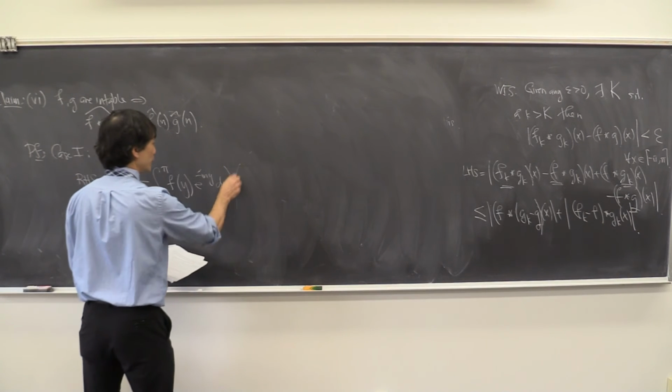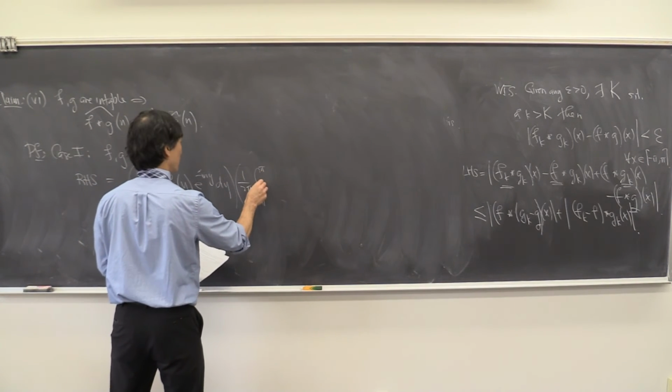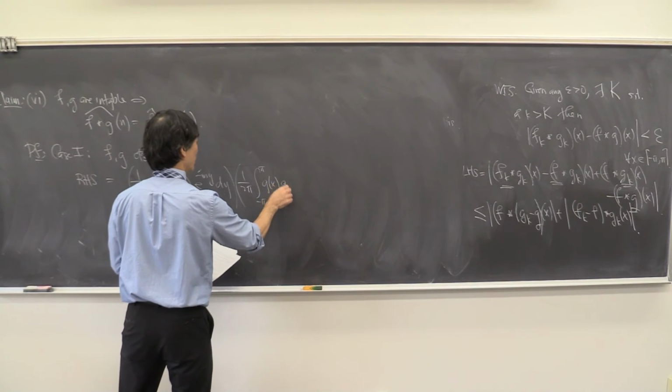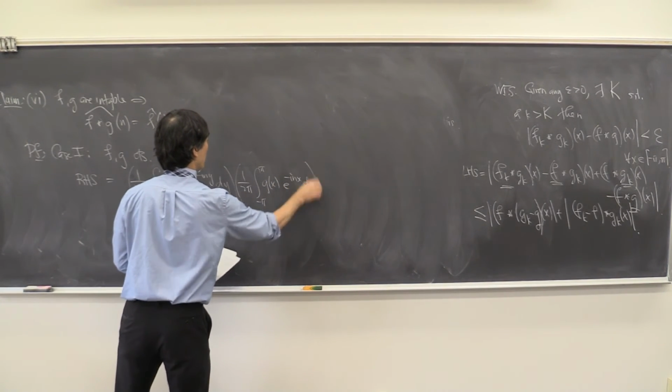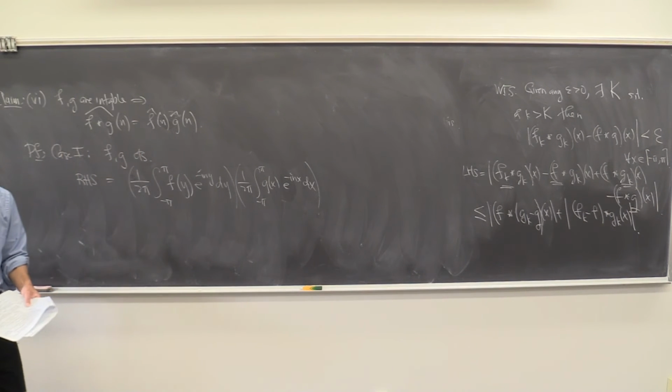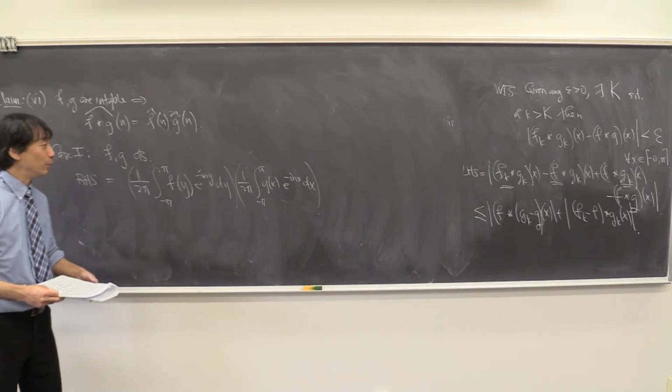And we get the Fourier coefficient of g, which is the same thing. We'll use a different variable, because I want to combine them together into one double integral.